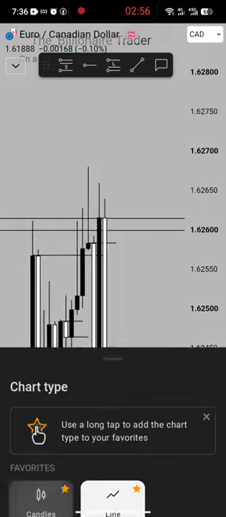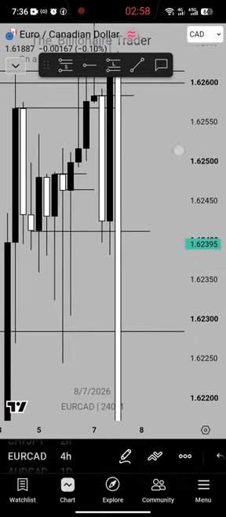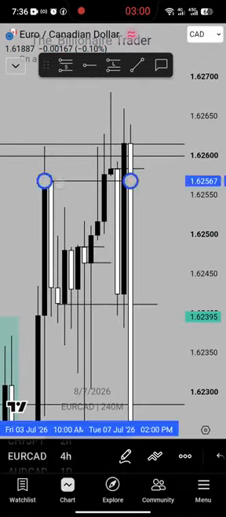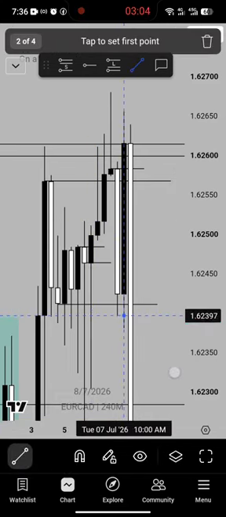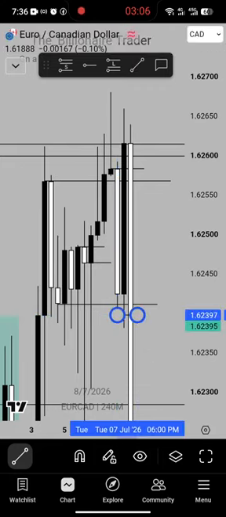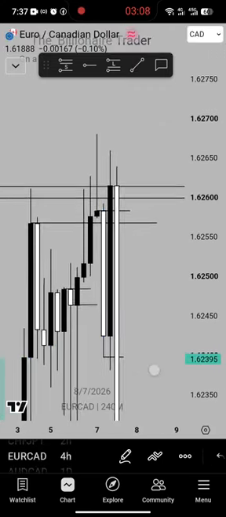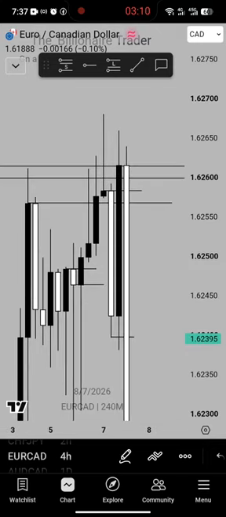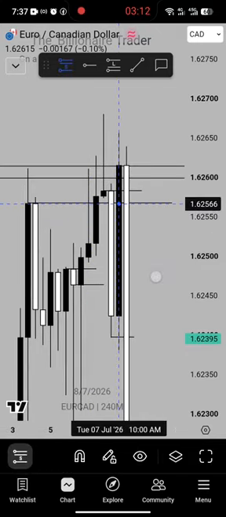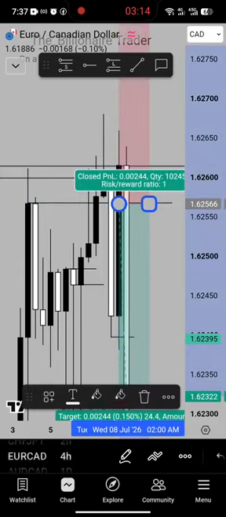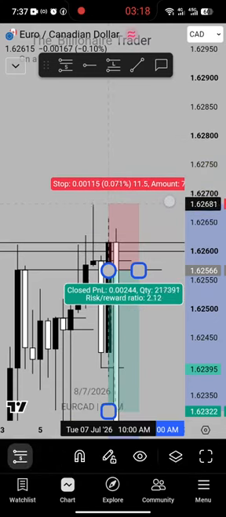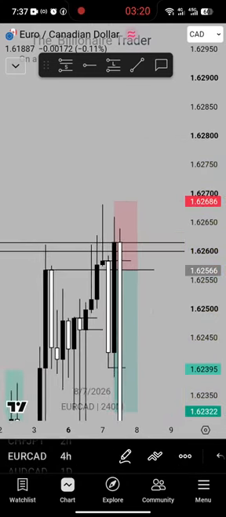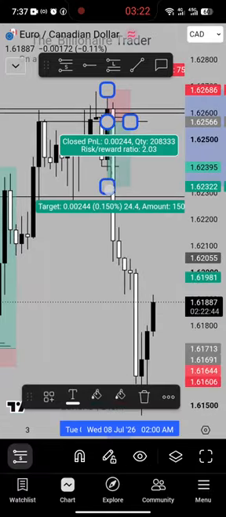So let's go back. For this, my entry was here, but because price actually swept this particular low here, that's an indication that the price is going to use the extreme key level. So I actually did this analysis yesterday, and because price did not get there on time, I deleted the limits, and as you can see, then you take it down.